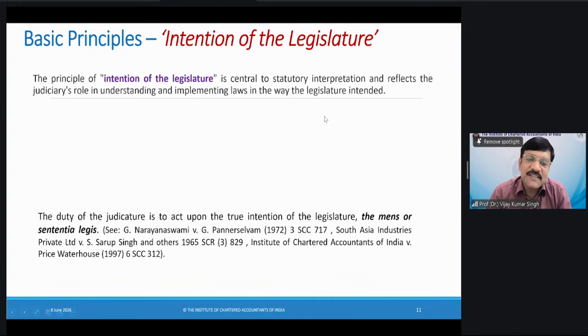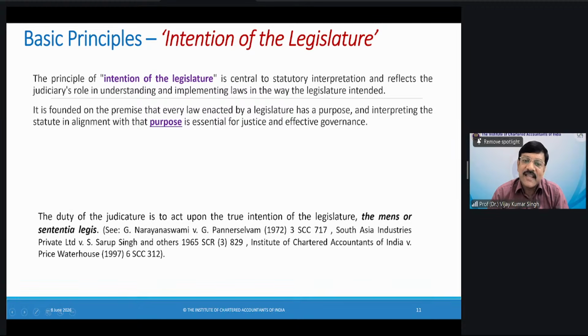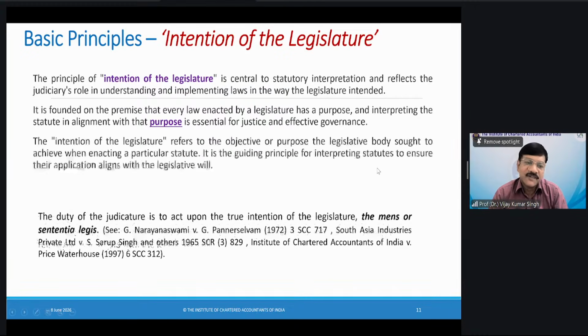So the intention of the legislature is the principle which is central to statutory interpretation. It reflects the judiciary's role in understanding and implementing the laws the legislature intended. So you cannot go beyond the intention of the legislature. It is founded on the premise that every law enacted by a legislature has a purpose, and interpreting the statute in alignment with that purpose is essential for justice and effective governance.